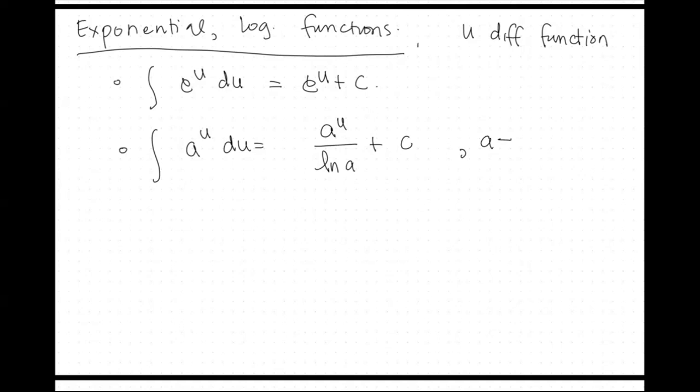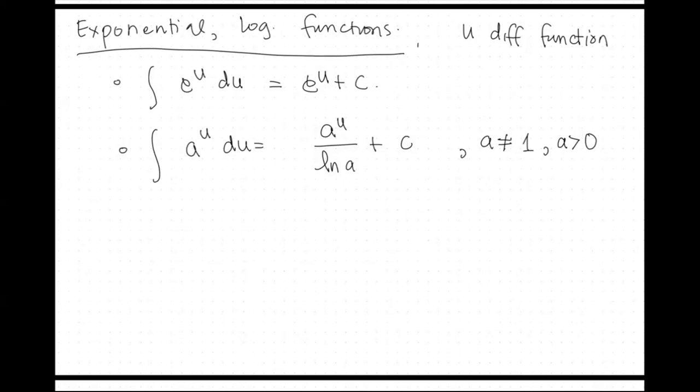Here, a is not equal to -1 and not equal to +1, because if you have ln of 1, that is 0. And we have the restriction that a should be greater than 0, because ln is defined only for a greater than 0.